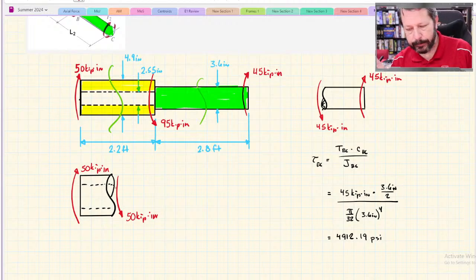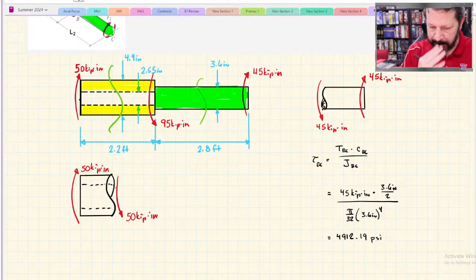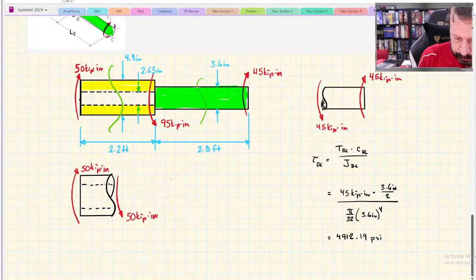I drew the green one from the free end inwards, and I drew the yellow one from the wall inwards, so they're drawn from different directions. If I were to draw the other half of this one, let me draw it real quick. I would not normally draw both of these, but just to show you what's going to happen.